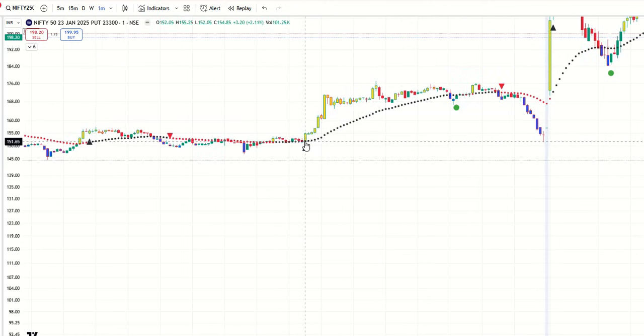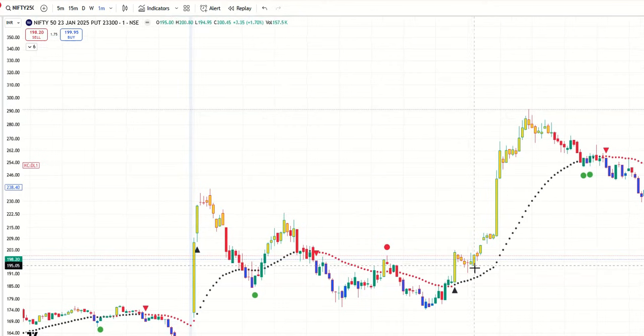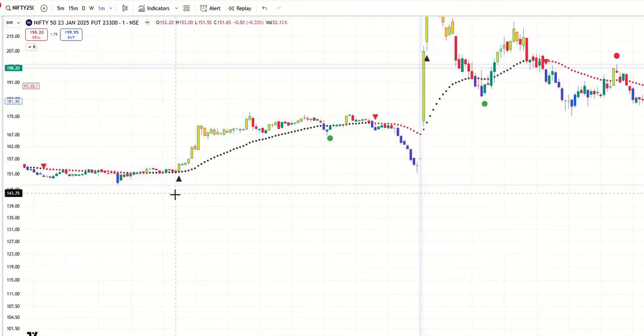But if you see here, 151 and this is 177 in the same 20 minutes, from here to here the momentum is there, but not to the extent we saw here. So every time you see a black triangle, that doesn't mean you will get 100 points in 20 minutes. Let me be very clear on this.